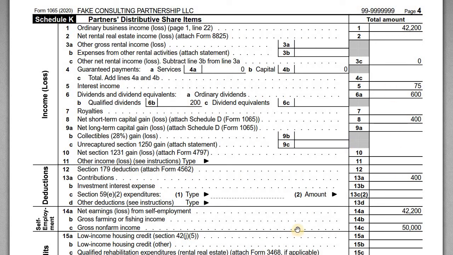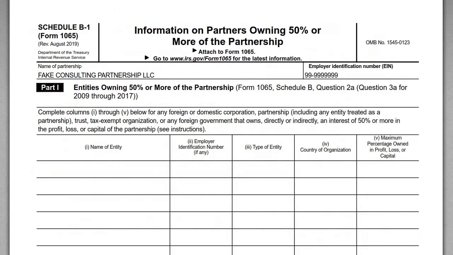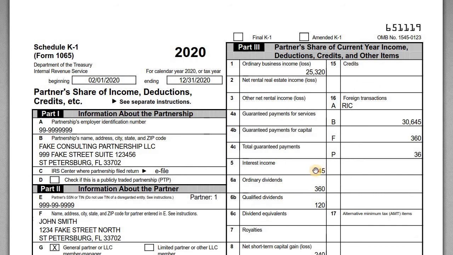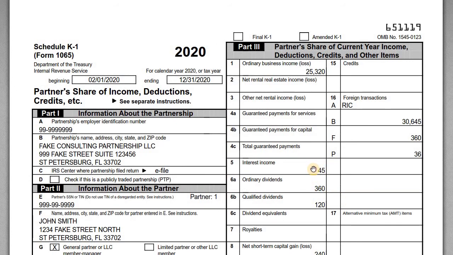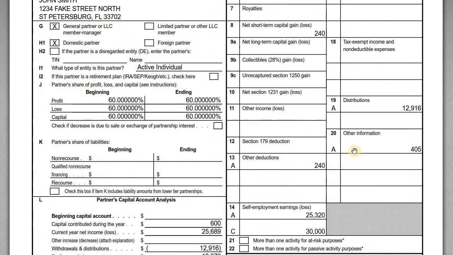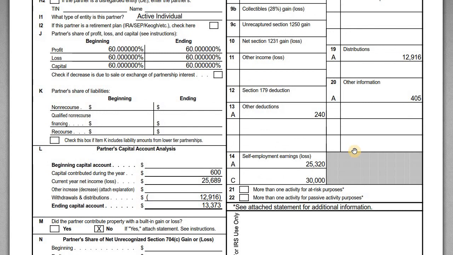So every partner is going to get their allocable share, and if you go through the K-1s, let's say you printed all the K-1s and you were going to add up the interest income from this K-1 and the interest income from the other ones, the total that you add up to should reconcile with that Schedule K, page 4 on the 1065. So yeah, I think that covers all the high-level items for this.